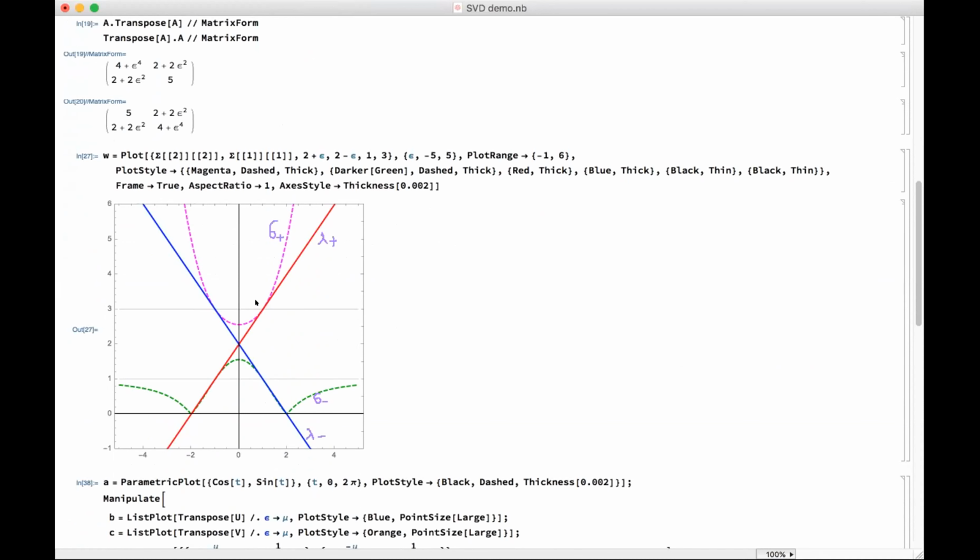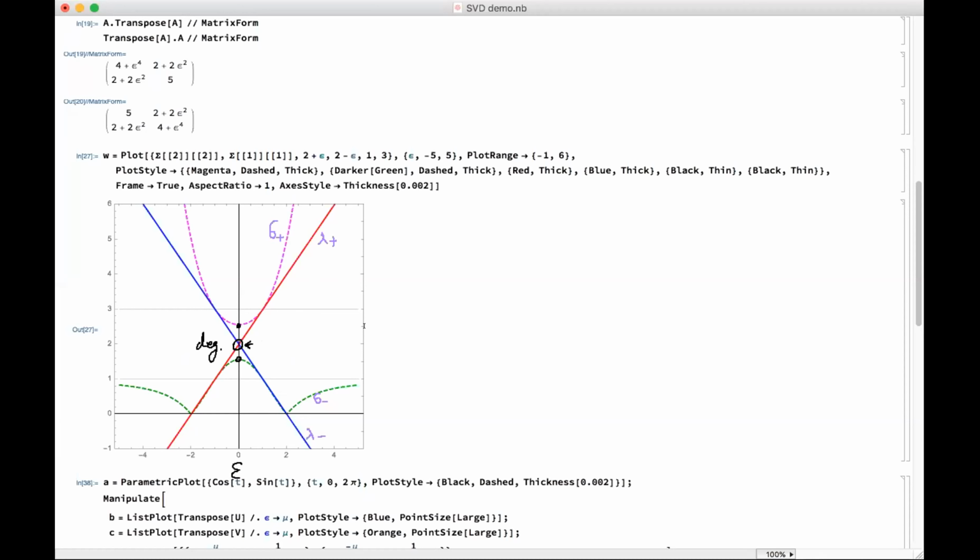Okay, so this is really interesting. This is the epsilon. At epsilon equal to 0, the two eigenvalues, lambda plus and lambda minus, become degenerate. So this is the degenerate point. But at this point, the two singular values are not degenerate.